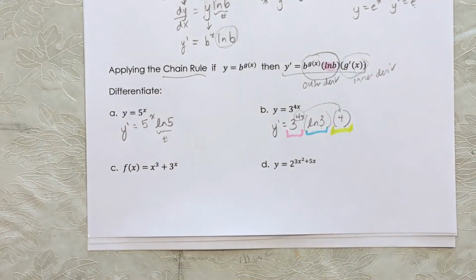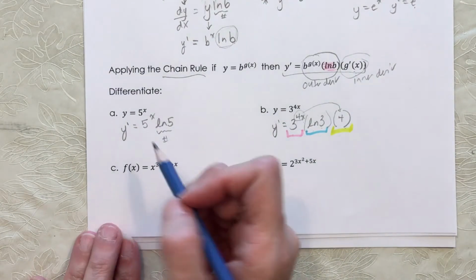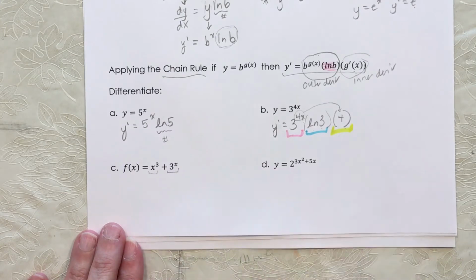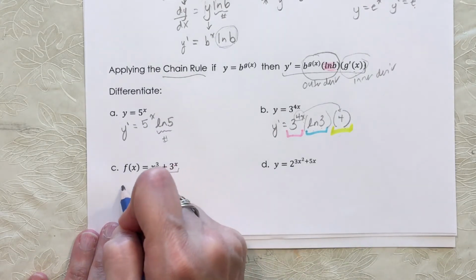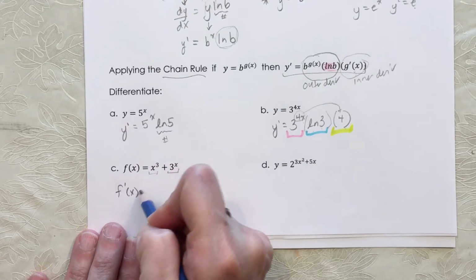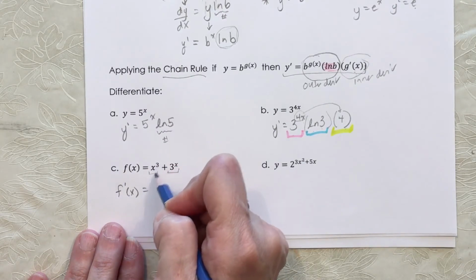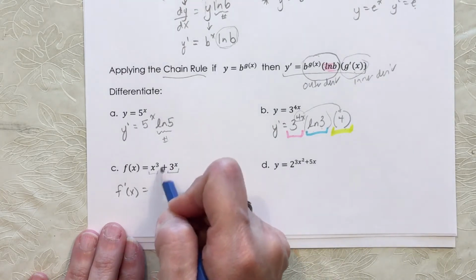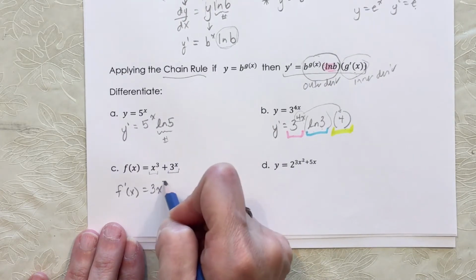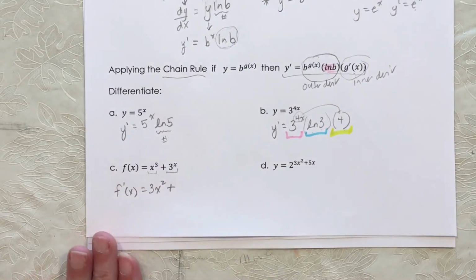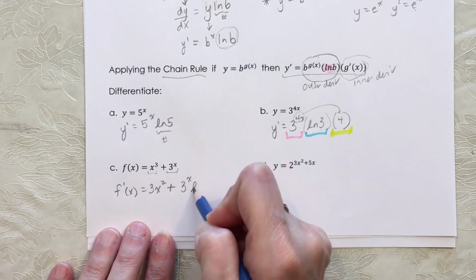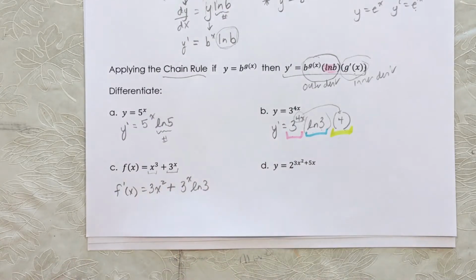All right, f at x is x cubed plus 3 to the x. So this type of question, they're trying to make sure you know the difference in how you derive those. So f prime at x, the derivative of x cubed, that's way back to the power rule when we were first starting the rules. So the derivative of x cubed is 3x squared plus, so the derivative of 3 to the x from today is going to be 3 to the x times the ln of the base.